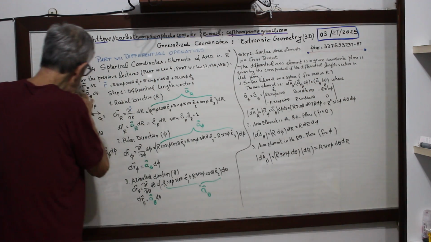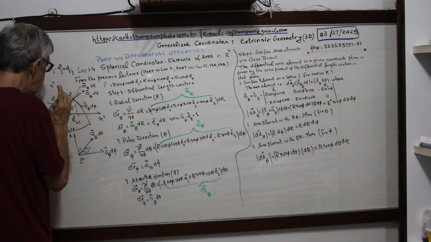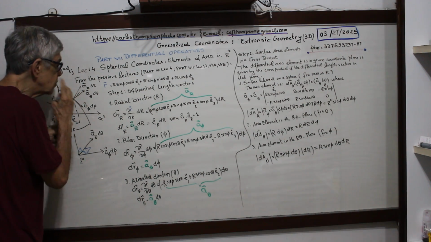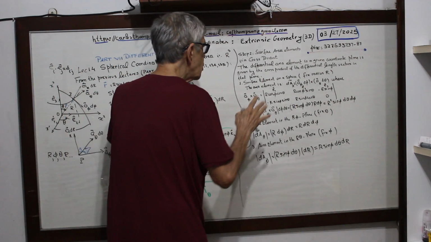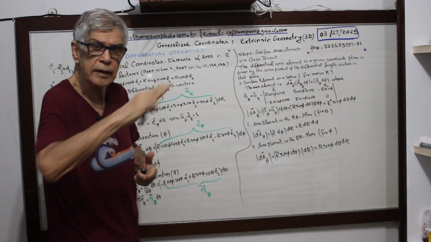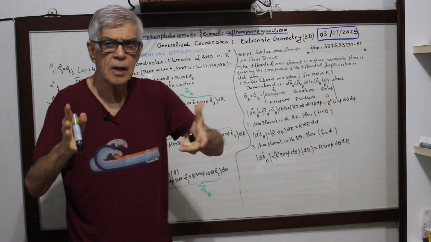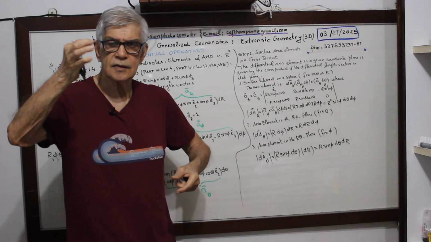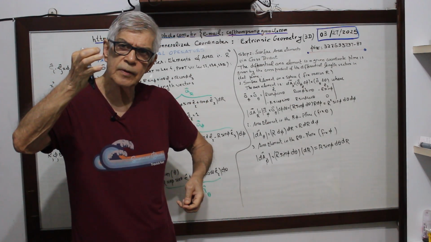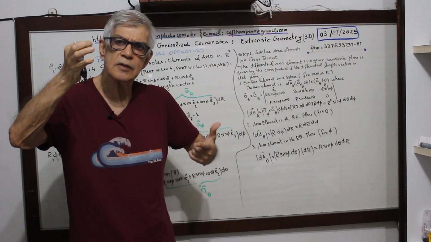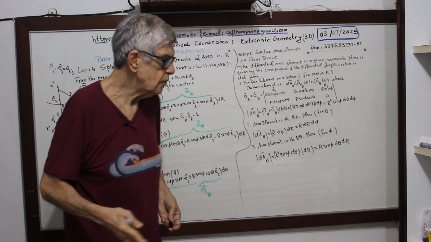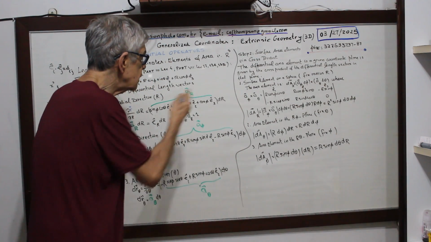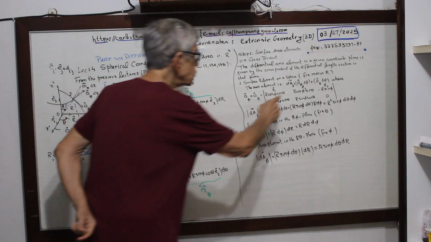I fix the radius and the vector element will be orthogonal to this tangent plane. You have a sphere and a plane, and the base vector is perpendicular to the tangent plane to the sphere, in this case the radial direction.